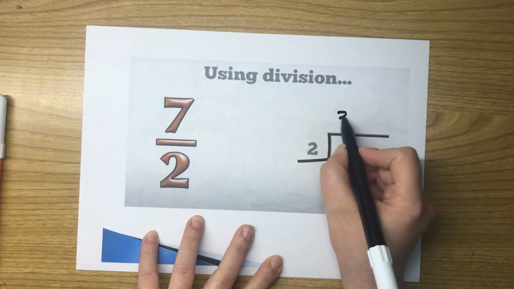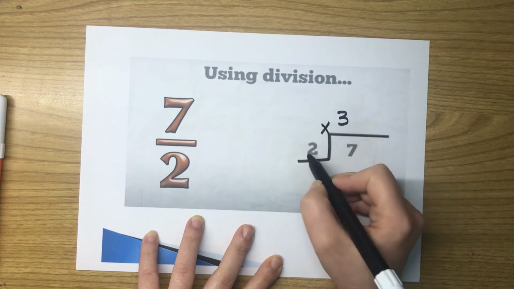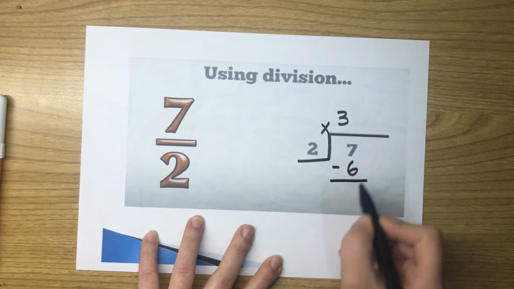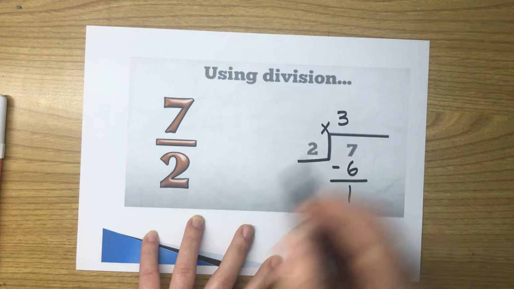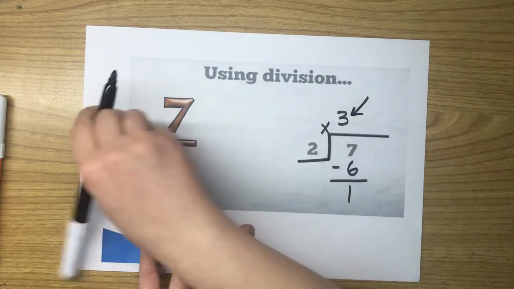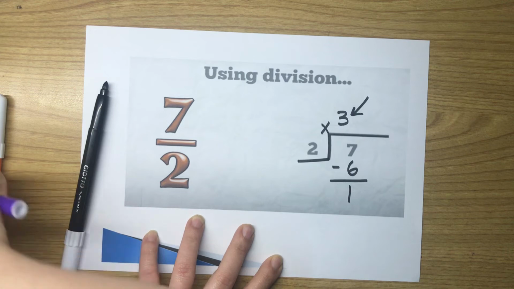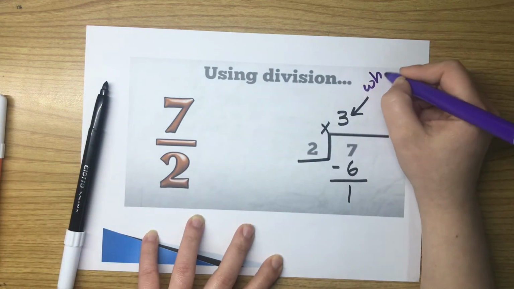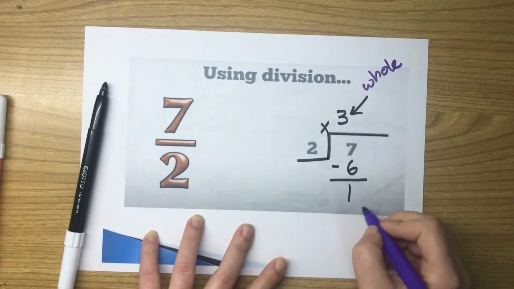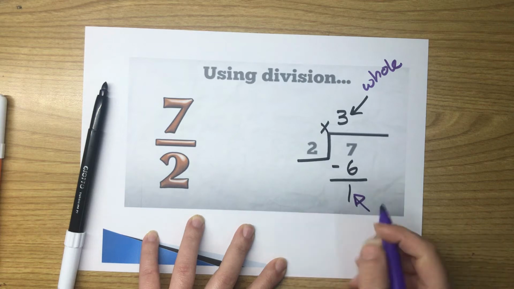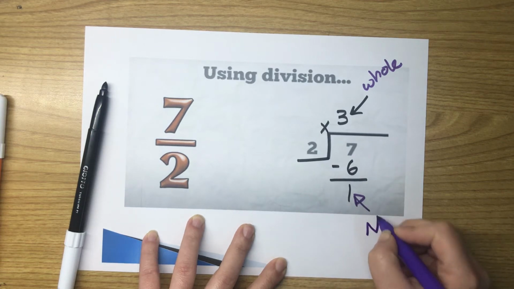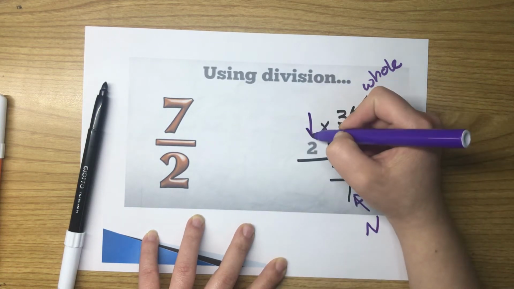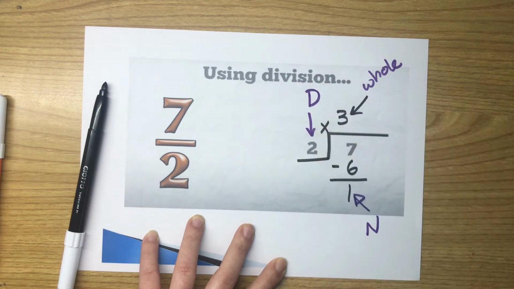There are 3 2's, because 3 times 2 equals 6. Subtract, and 1 is left. Now, 3 is going to be the whole number. The remainder is going to be the numerator, and the 2 will be the denominator.